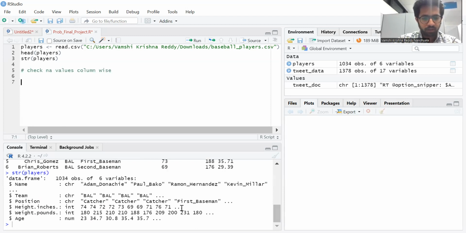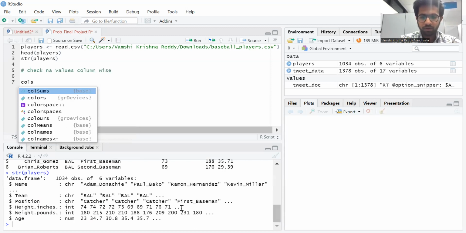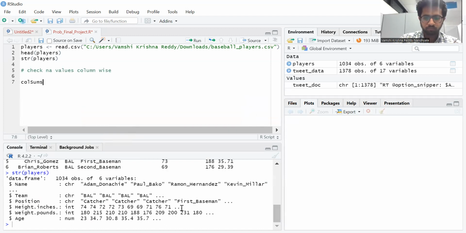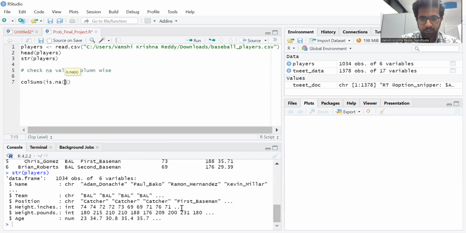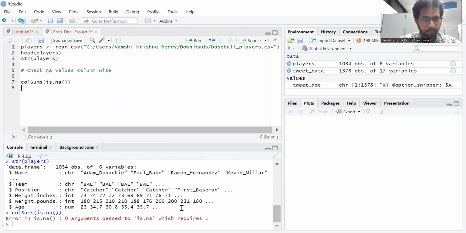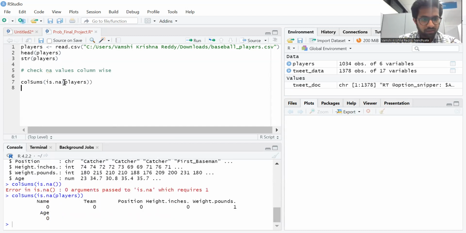This can be done with the help of colSums of is.na. Sorry, I did not pass the data set itself. That's so funny. I'm just going to give here players.